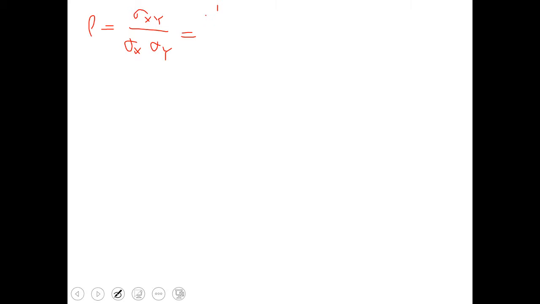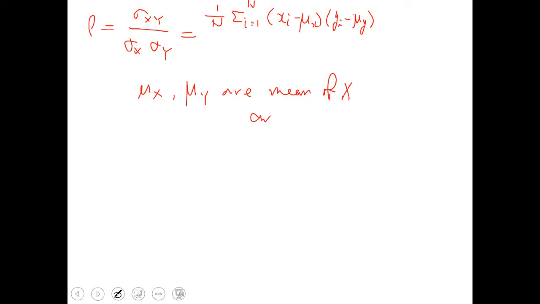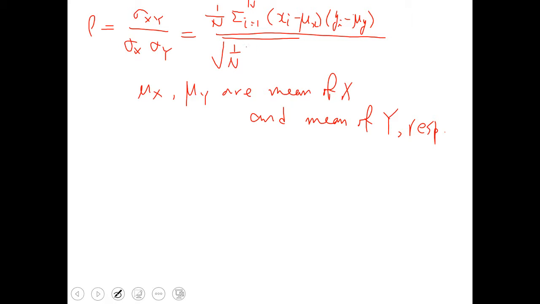So that is 1/n summation i is 1 to n of (xi minus mu x)(yi minus mu y), where mu x and mu y are the means of x and y respectively, divided by the square root of 1/n summation i is 1 to n of (xi minus mu x) squared, times the square root of 1/n summation i is 1 to n of (yi minus mu y) squared.